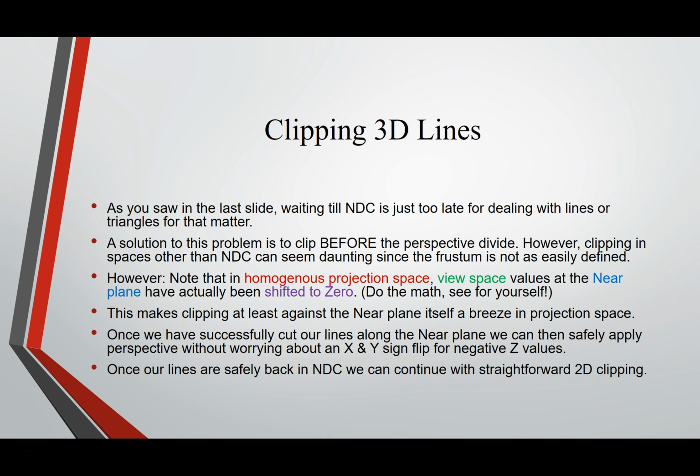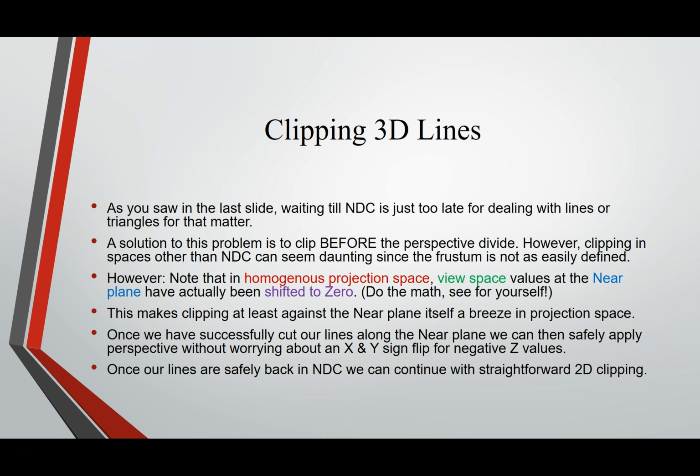So items that were around the near plane, like let's say our value of the near plane is 2, and you have a vertex that is at 2.1. Well, something that the projection matrix will do is it will take those Z values and bring the 2.1 to 0.1. So it'll move everything as if the near plane was at 0. This is really important to note because that's really nice.